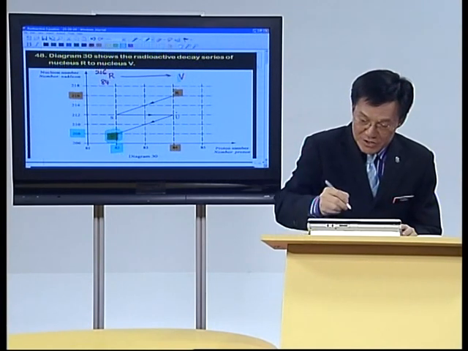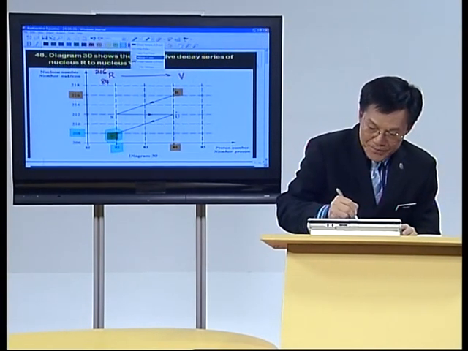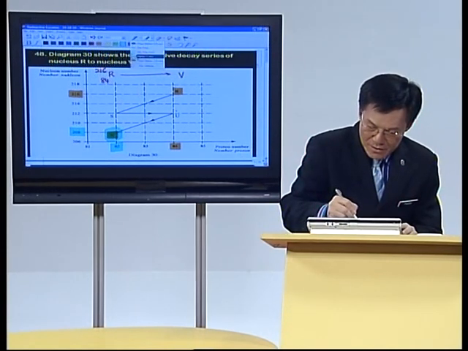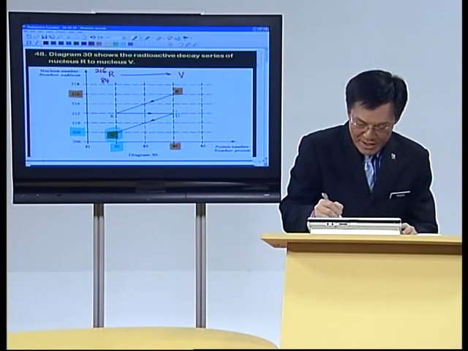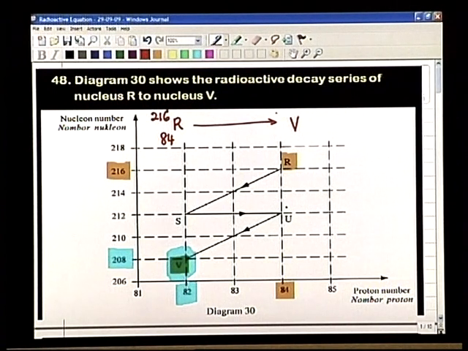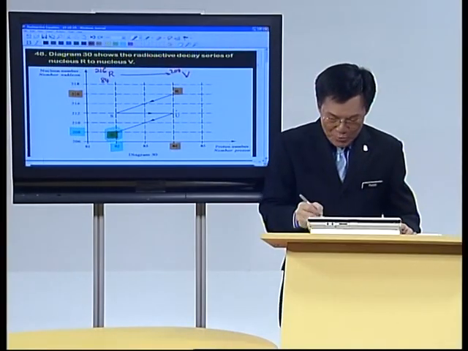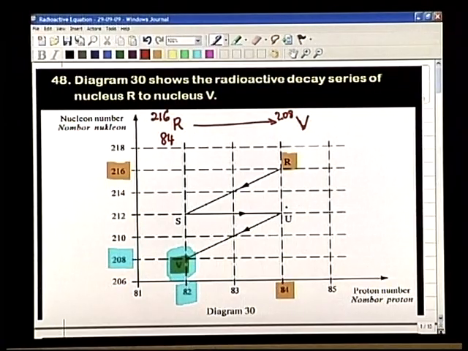Alright, so very good. I'm going to write it down now. V, nuclear number 208. Write it clearly. And what is the proton number? The proton number for V is 82.